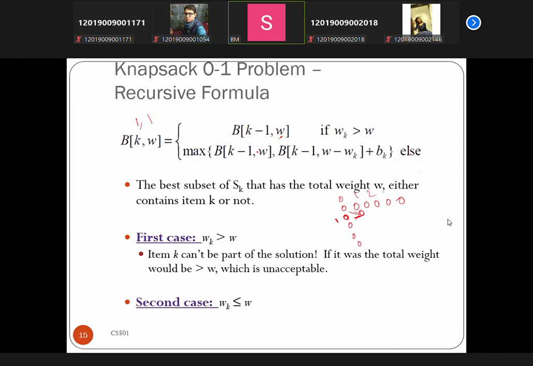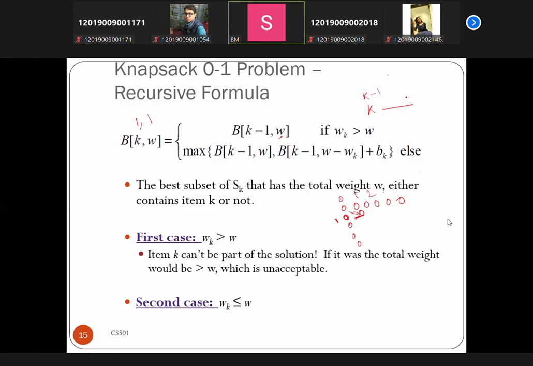Similarly, if you go forward, K minus 1, comma W means if this is your kth row, then K minus 1 will point to the previous row. You go to the previous row and take the element of the same column, and the element which is present in the diagonal position.